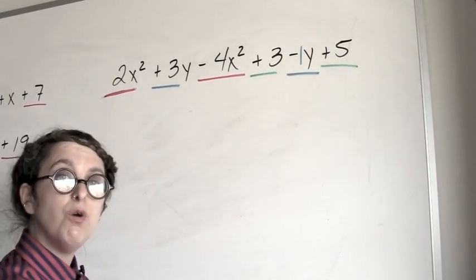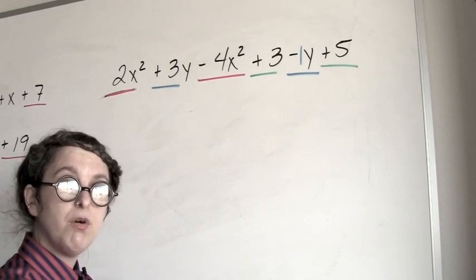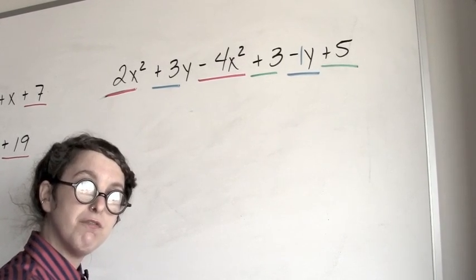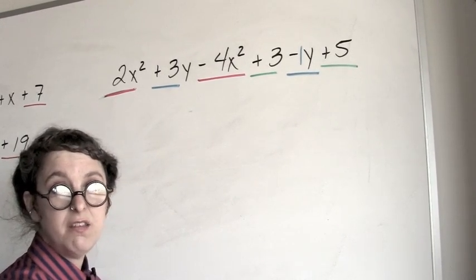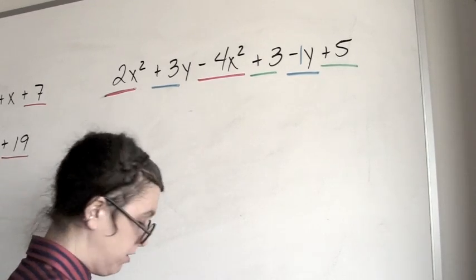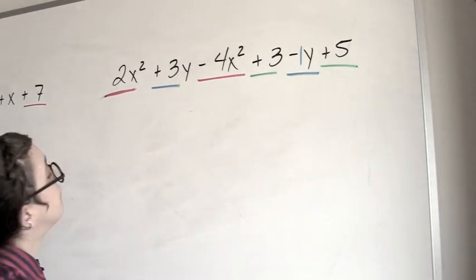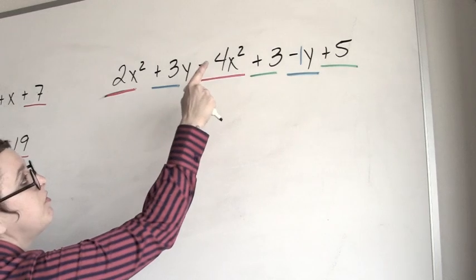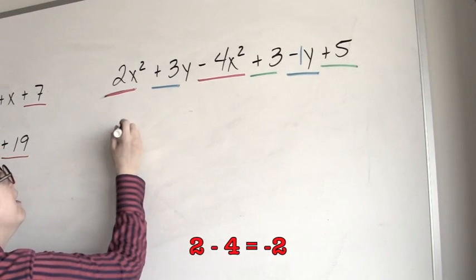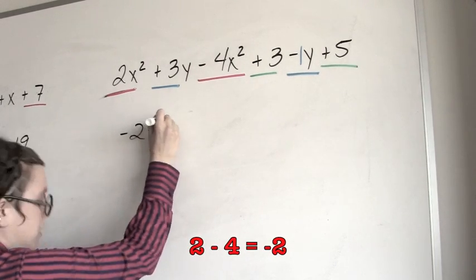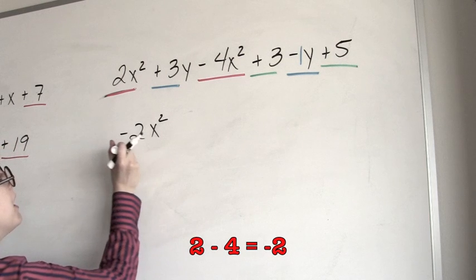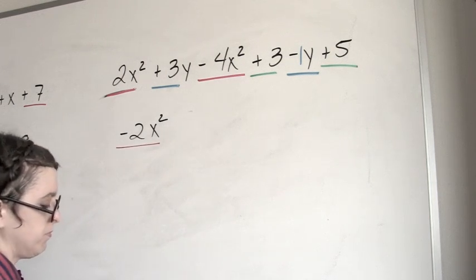So what we're going to do is, with the terms with variables, we're going to add the coefficients on the front. The things that are just constants, we're just going to add them up like regular numbers. So first off, we have our 2x, take away 4x squared is negative 2x squared. So our red terms became negative 2x squared.